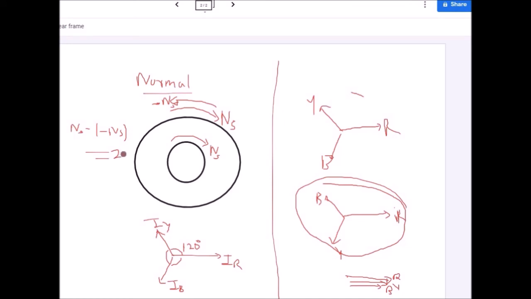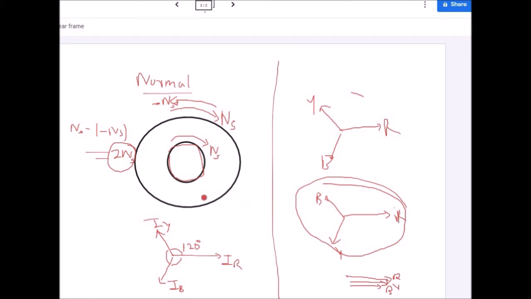So there will be a relative speed difference of 2 times ns between the rotor rotating magnetic field and the magnetic field due to the negative sequence component of current. Due to this relative speed difference, large currents are induced into the rotor core. Due to current flow in the rotor core, the rotor gets overheated and may get damaged.